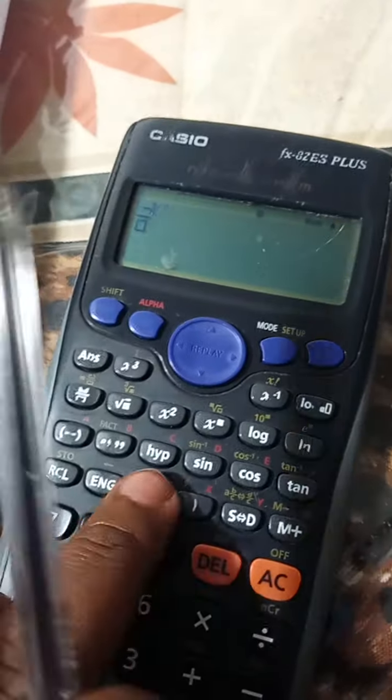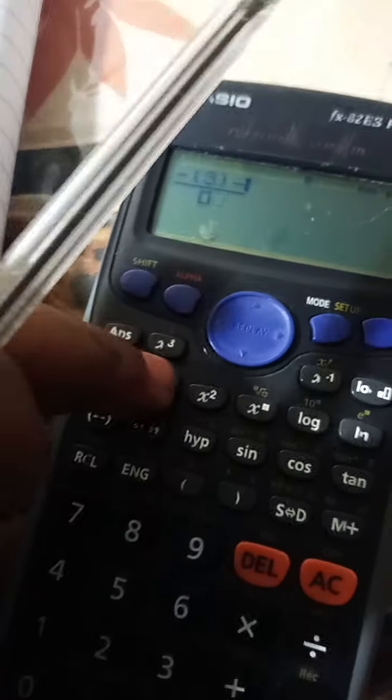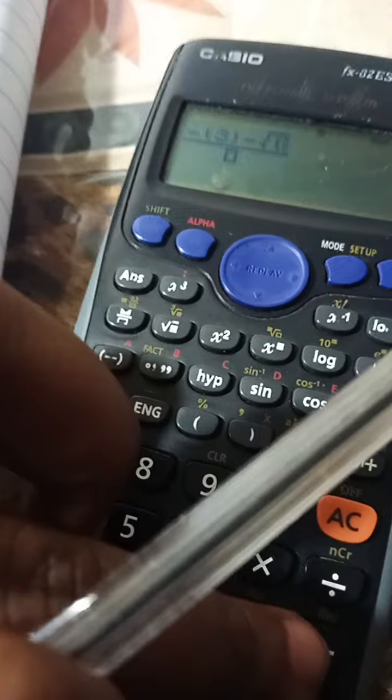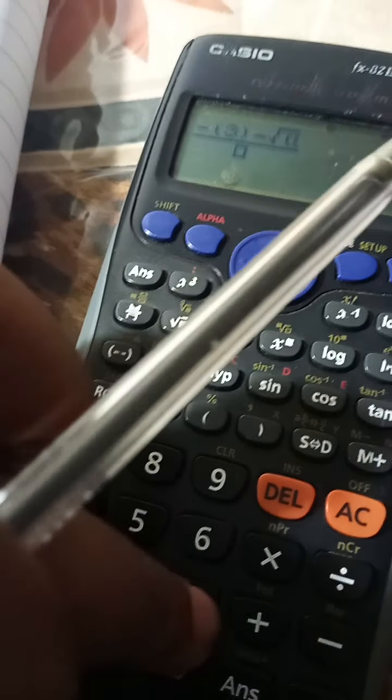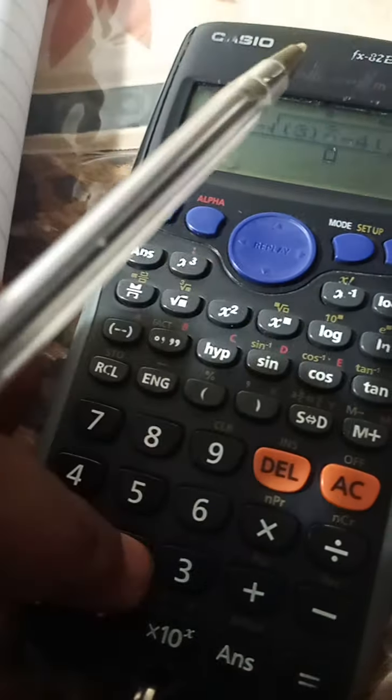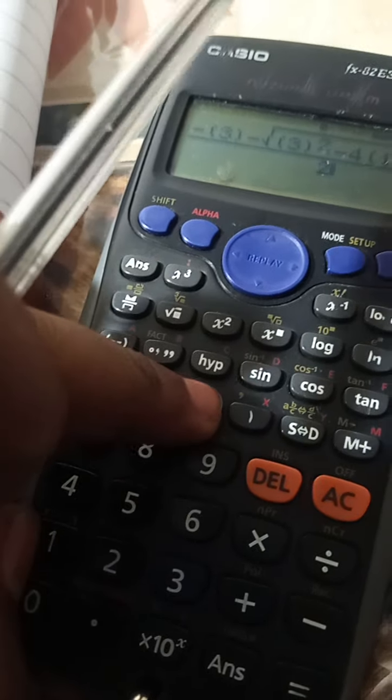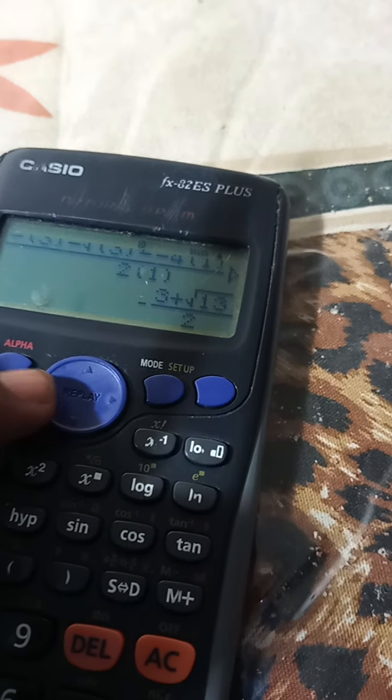So I'm going to start all over again. And we have a negative 3. We used a plus earlier, so now we're going to use a minus, and then we have 3 squared minus 4 into 1 close, open bracket minus 1 close, then we have all over 2 over 1 close. Then this, wow, why are they the same?